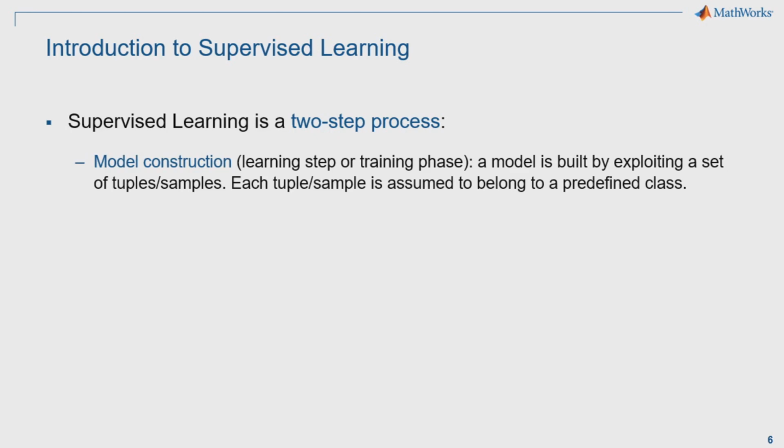In model construction, which is also called the learning step or training phase, the model is built by exploiting a set of tuples, also called samples or examples, and each tuple or sample is assumed to belong to a predefined class, the same class that I told you before, that could be a finite amount of categories in the case of classification, and a continuous response variable in the case of regression.